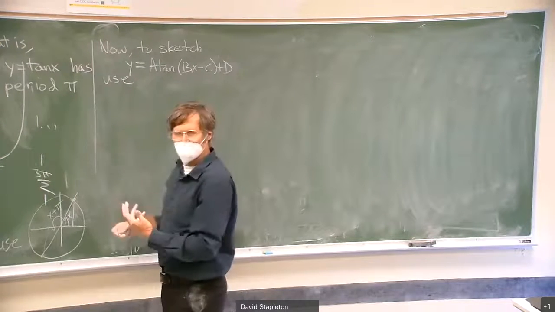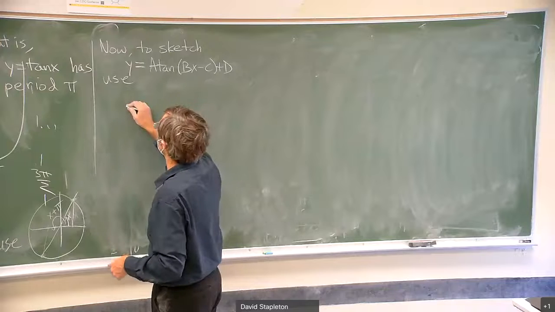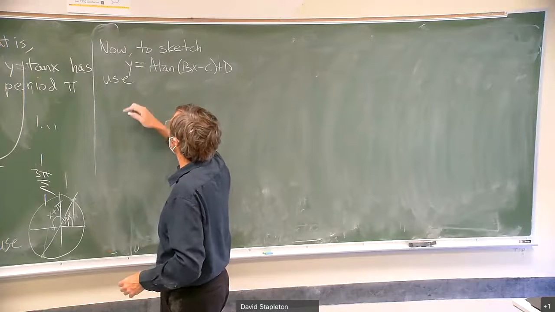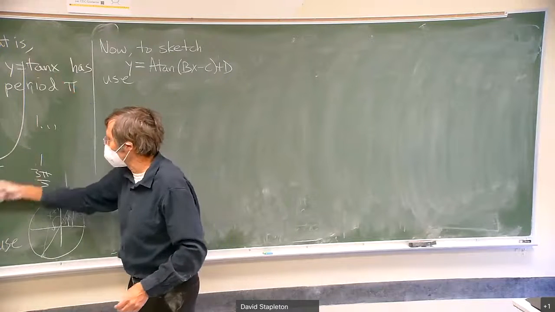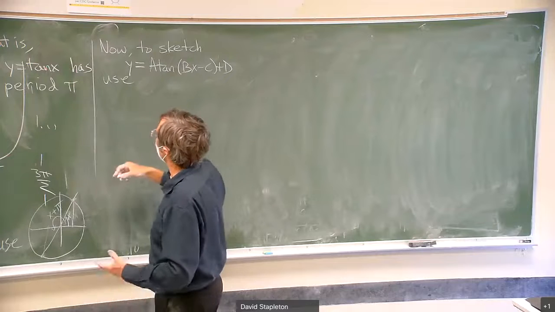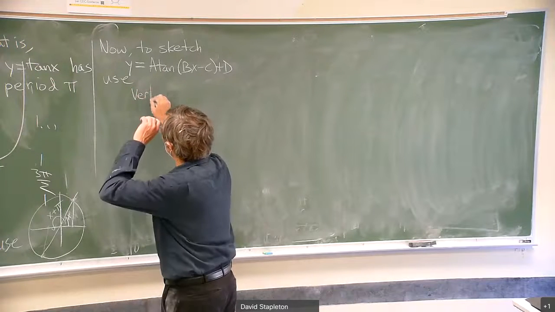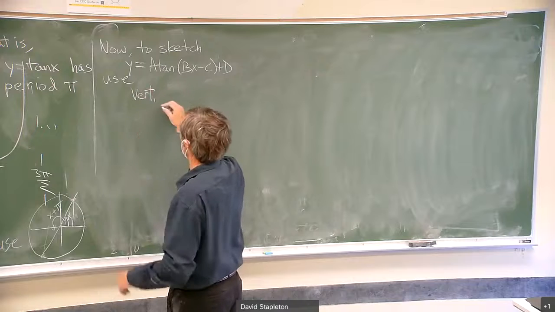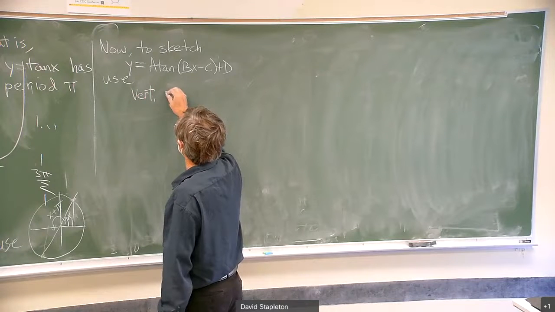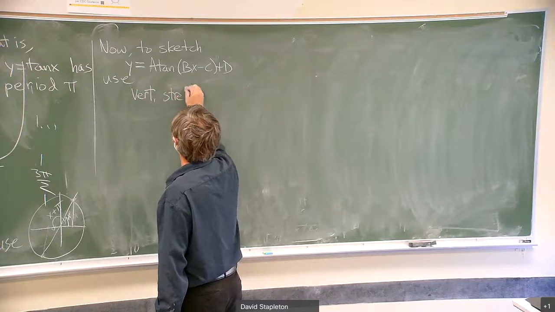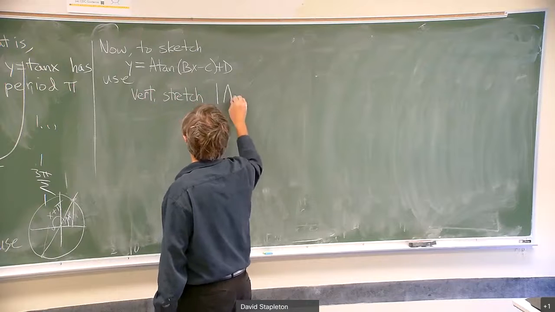We want to use the properties just like we do with sine and cosine, right? We want to do an amplitude and a period and that kind of stuff. Well, since this isn't a wave, but something that goes up and down forever, we don't call it an amplitude anymore. We'll call it a vertical stretch factor. It's the same thing, but it's not a wave, so you don't call it that. Vertical stretch factor, absolute value of a.